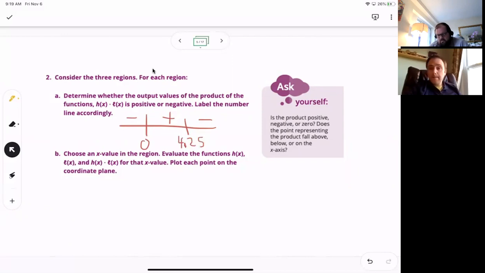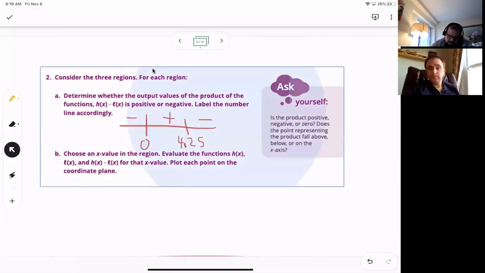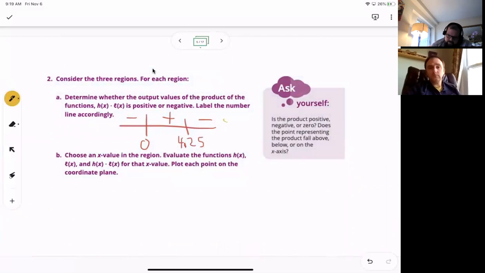This is talking about the y values, and this is talking about the x values down below. It's important to keep that in mind because that gets confusing. By y values, we actually mean h of x times L of x, which is what our product is.